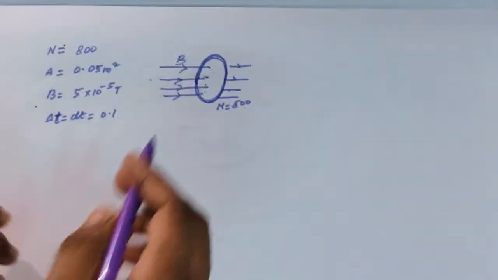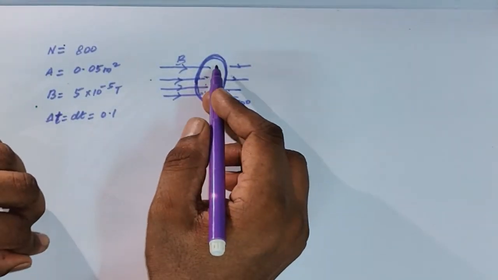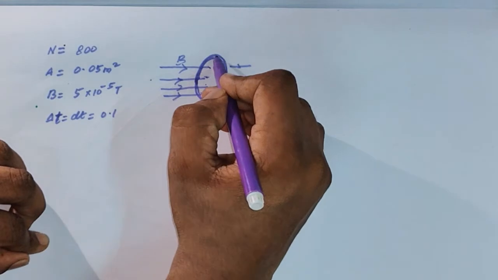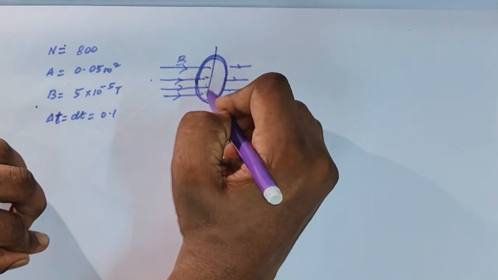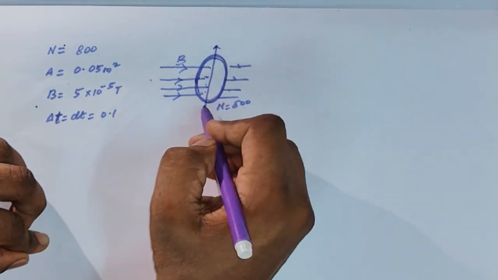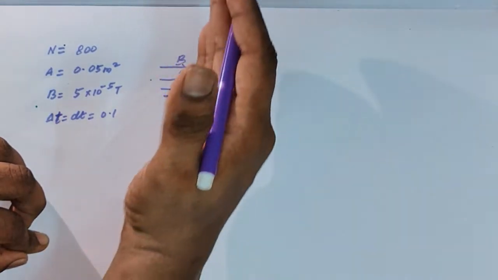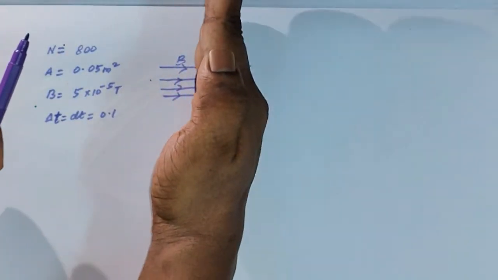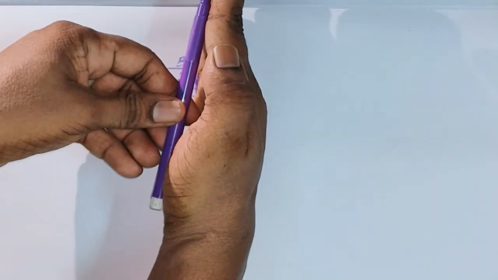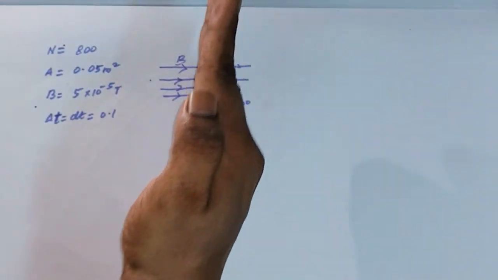Now we are going to rotate this coil by 90 degrees along a coplanar axis. A coplanar axis means an axis passing through the plane of the coil. If this is the coil, this would be the axis, so this is the coplanar axis.